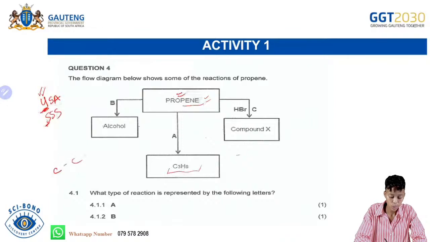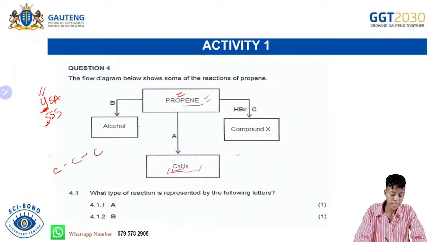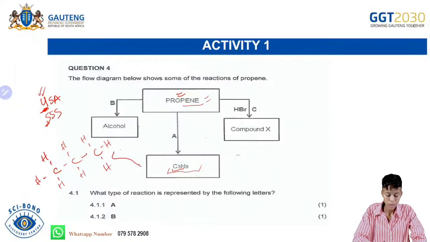You can also draw the propane to verify. This propane has 3 carbons because it says C3, and it has 8 hydrogens. So this is 5, 6, 7, and 8 hydrogens. So this would represent your structure for the propane.